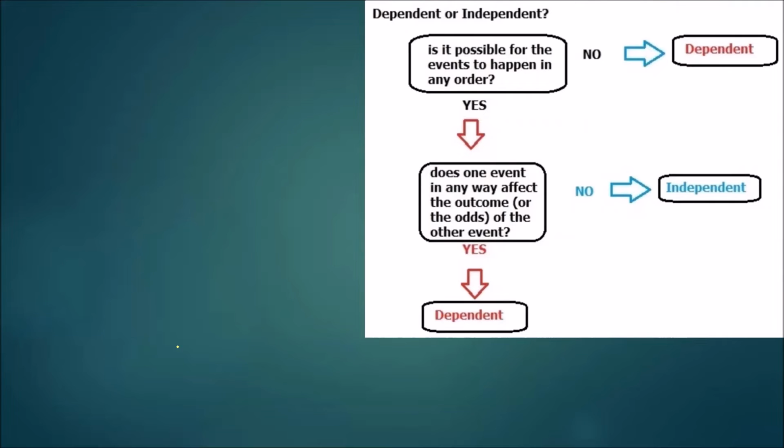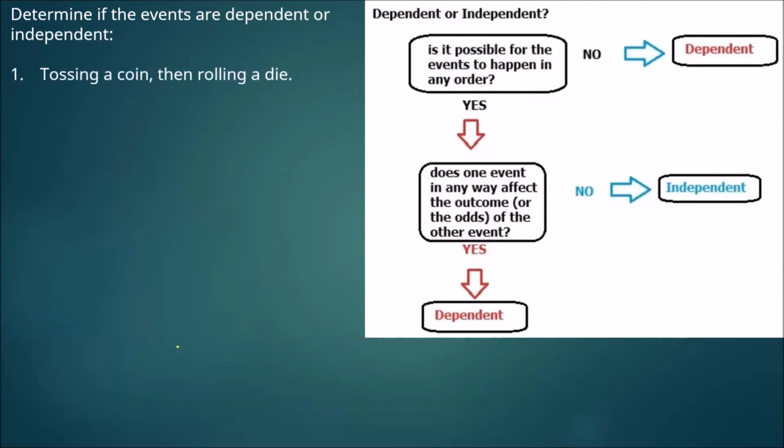So let us use this flowchart in determining if these events are dependent or independent. So number one, tossing a coin, then rolling a die. What do you think? Are they dependent or independent? So let us use our flowchart. Is it possible for the events to happen in any order? Is it possible that we can toss a coin, then roll a die?